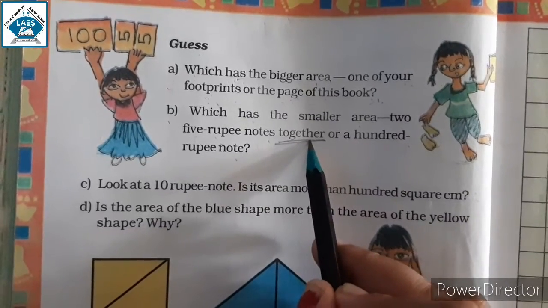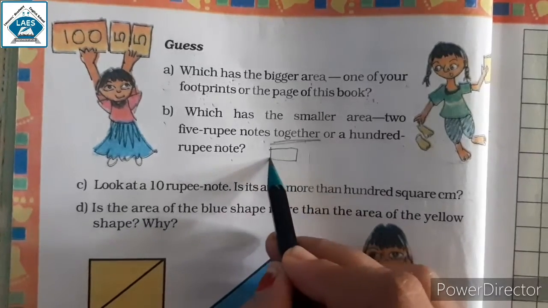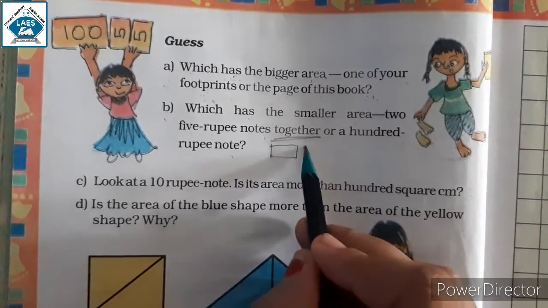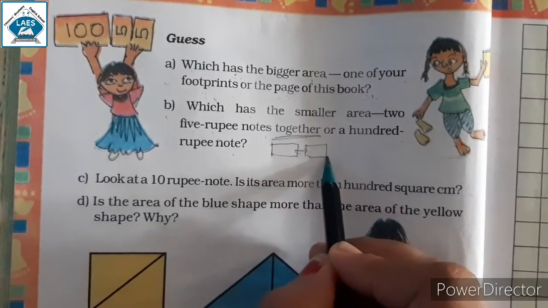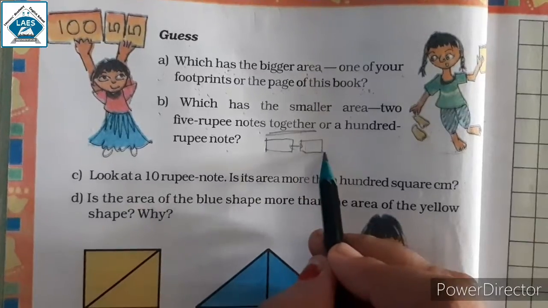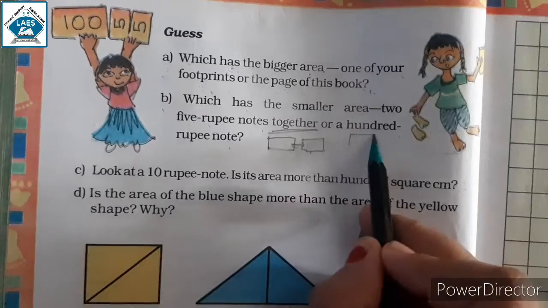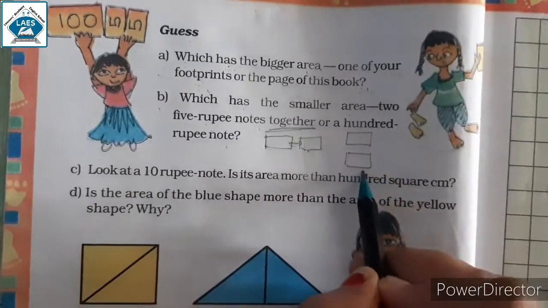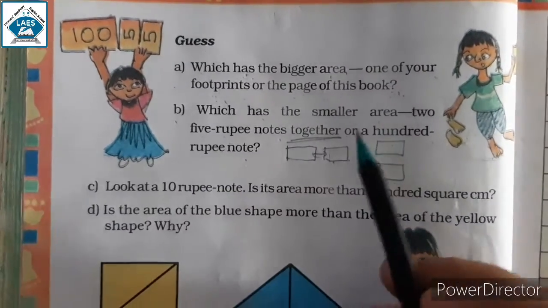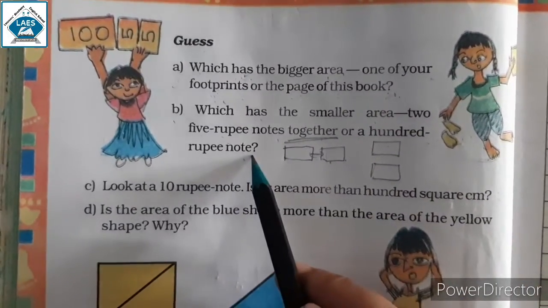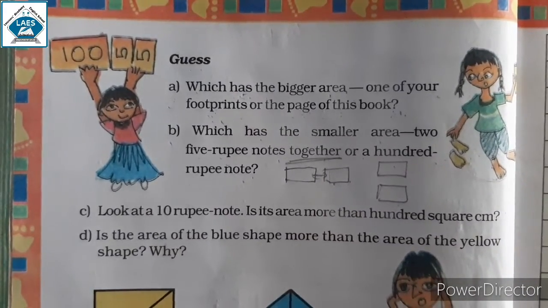Together means you have to paste the 5 rupees notes one by one like this, so these sides will be joined, or you can put them this way, up and down, or a 100 rupees note. So which has the smaller area?